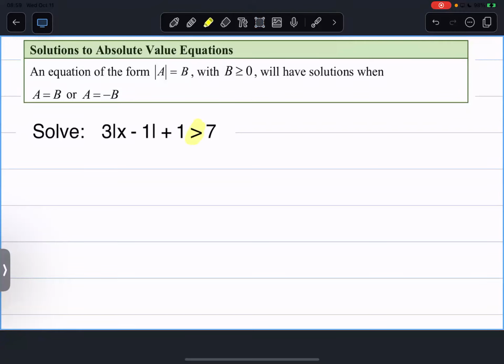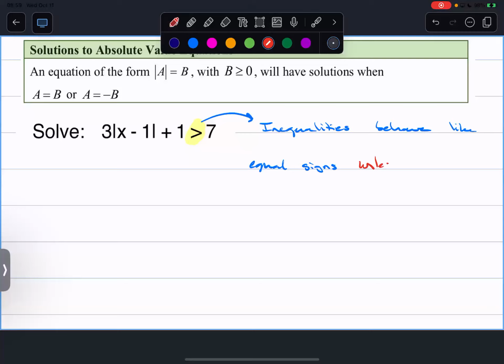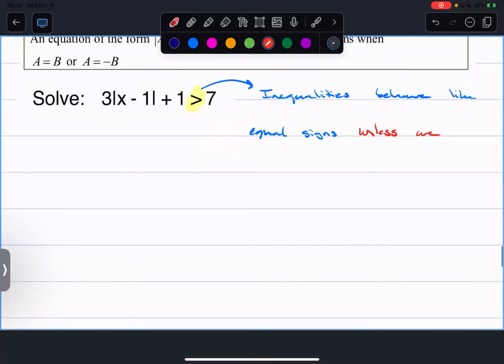So let's just make some notes here about inequalities. Inequalities behave like equal signs. So usually I just ignore them until the end, unless, and I'll do it in red, unless we multiply or divide. Dividing is just a special case of multiplication, right? Multiplying by the reciprocal.